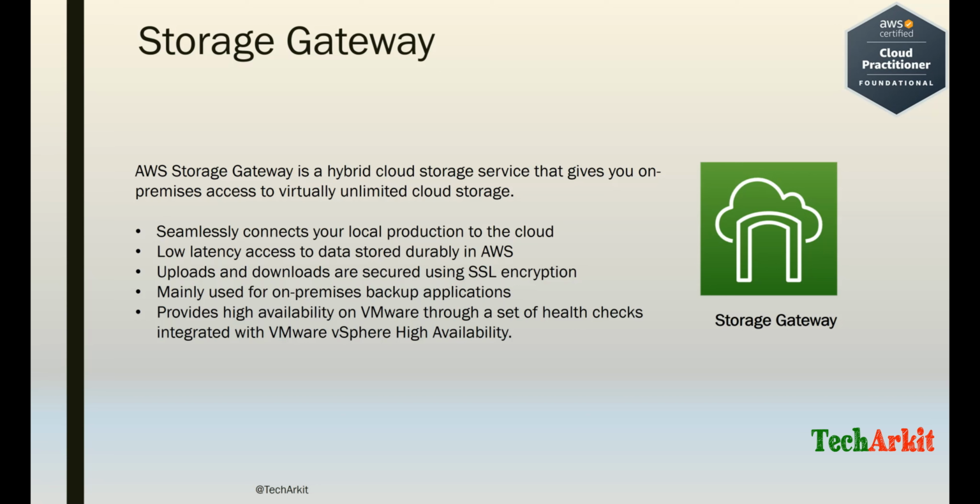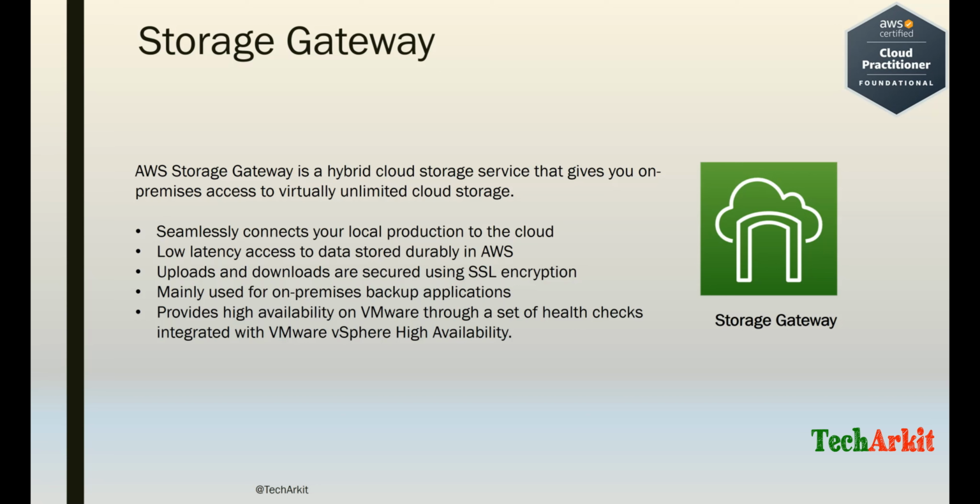It seamlessly connects your local production to the cloud, with low latency access to the data stored durably in AWS. That's the major requirement for any organization: you should not have any latency while accessing the data. Uploads and downloads are secured using SSL encryption, so it uses the HTTPS protocol to upload and download the data. So this is very secure. It is mainly used for on-premises backup applications.